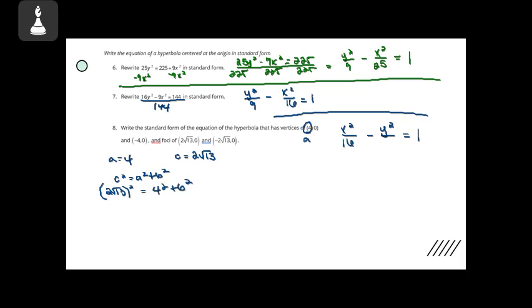It's going to give you 52. So 52 equals 16 plus b squared. And then I'm going to subtract 16 from both sides. And I get 36 equals b squared, which is what I need to go under here, 36. So my equation is x squared over 16 minus y squared over 36 equals 1.